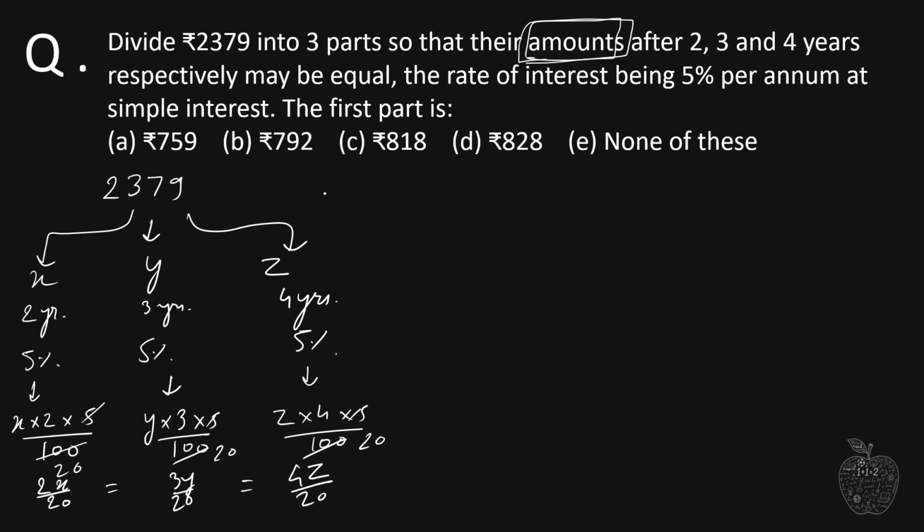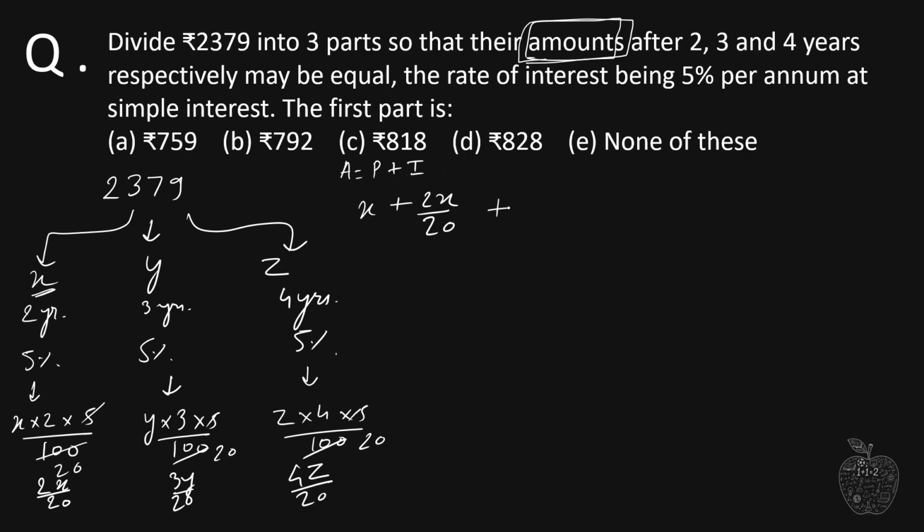So what is the formula to calculate amount? It is principal plus interest. So now these are not equal. Okay, amounts are equal. So now we know the interest, which is 2x by 20. So this is the interest, and what is the principal? Principal is X. So this is the total amount.